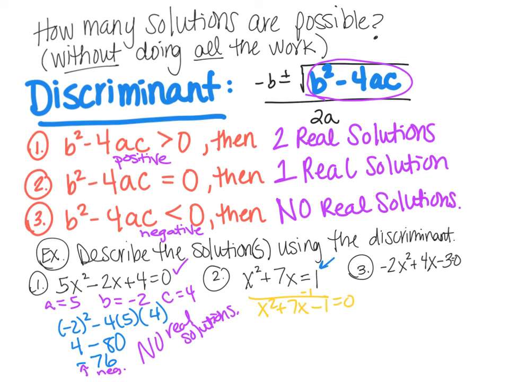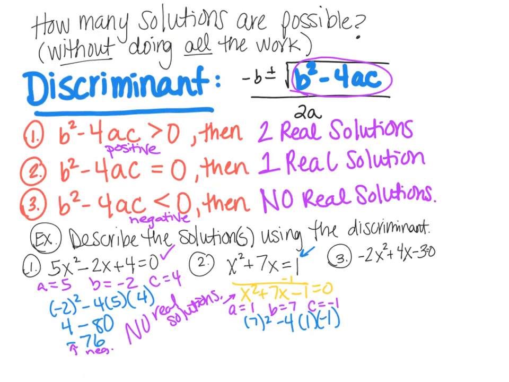Now I can come up with my A, which is a 1. If there's nothing in front, we know it's a 1. My B, which is 7, and my C, which is -1. All right? So I'm going to say B squared minus 4 times A times C. So I'm going to have 49, and -4 times 1 times -1 is going to give me +4.